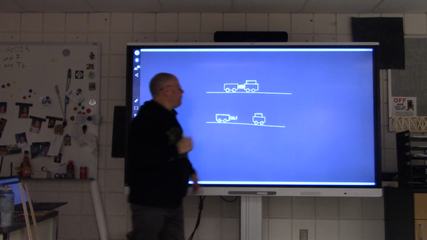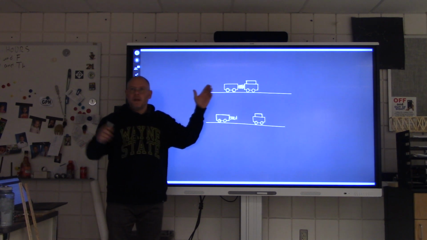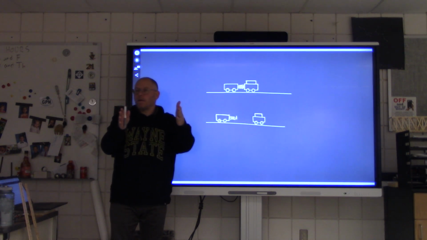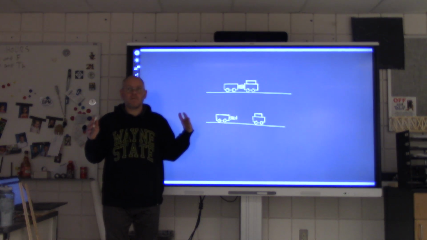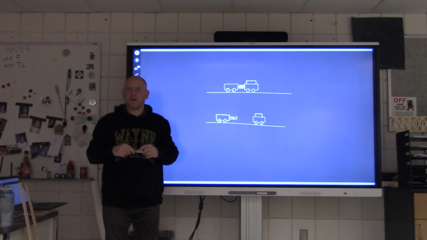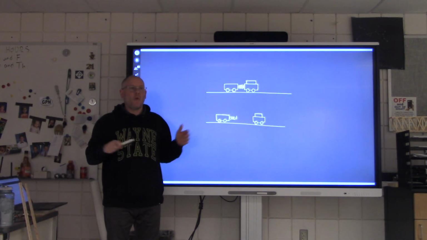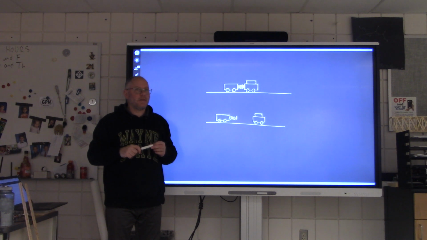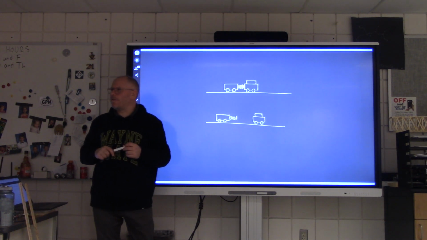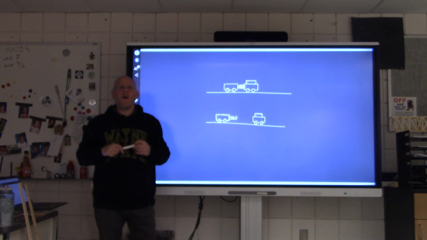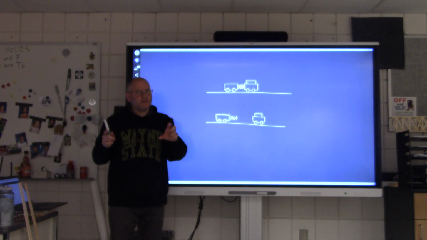So if you take a heavy car and a light car, and you push them together on a spring, and you let them go, will they move away from each other? Yeah, absolutely. Will they move away at the same speed? Which one do you have a sense is going to be moving faster? Why though? It's not because it's lighter.